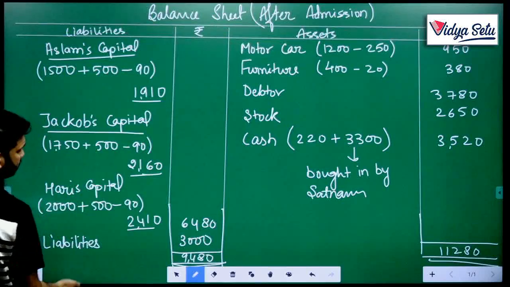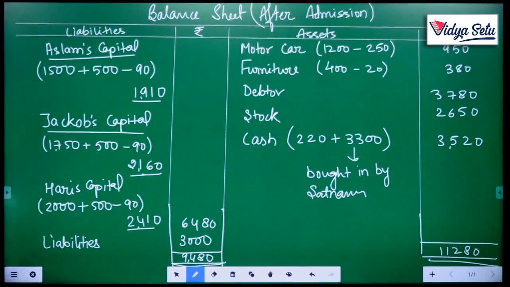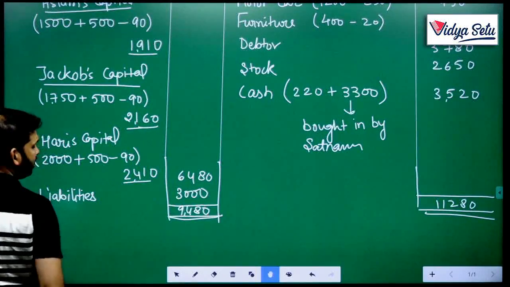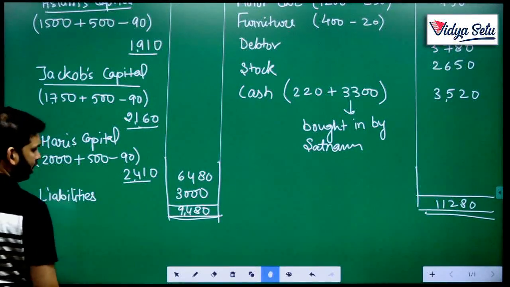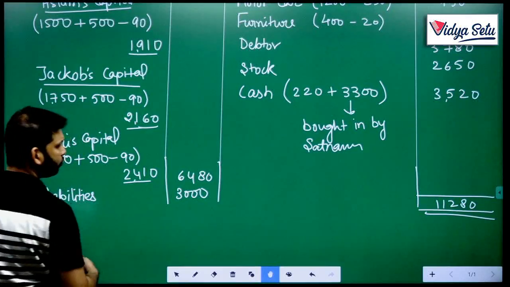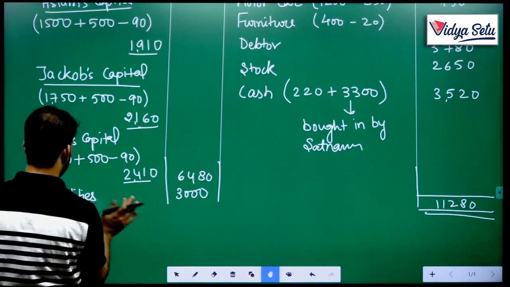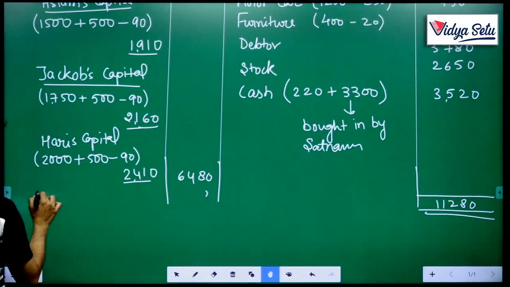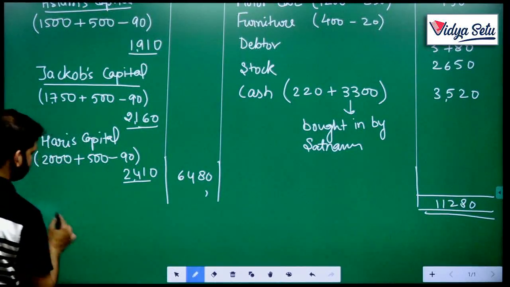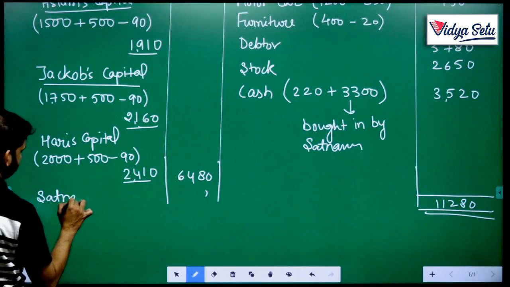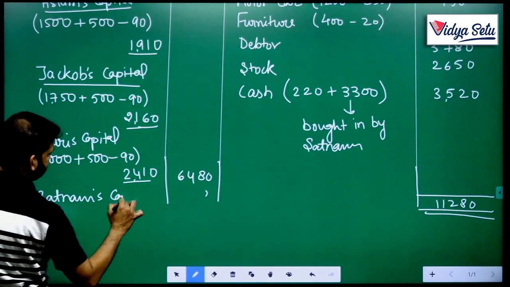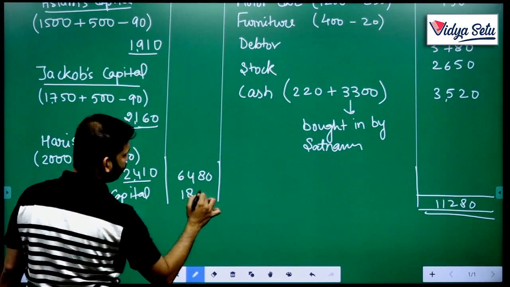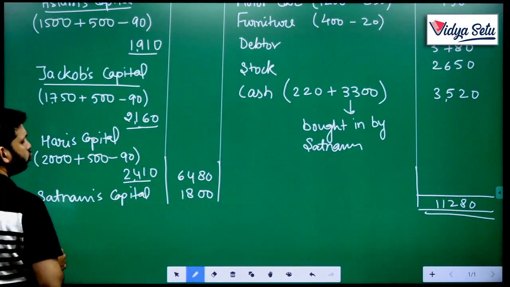See, we only wrote the capital of 3 partners. Now the 4th partner is already there, Satnam. Even his capital needs to be accounted for. So one more partner. Liabilities I'll write down later. Of 1800. Why 1800? Because 1500 was just goodwill.